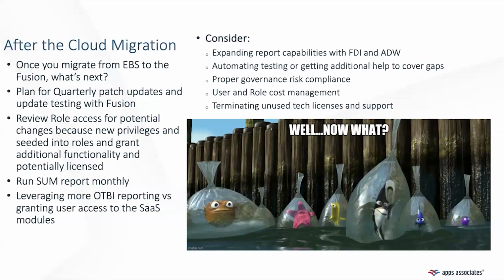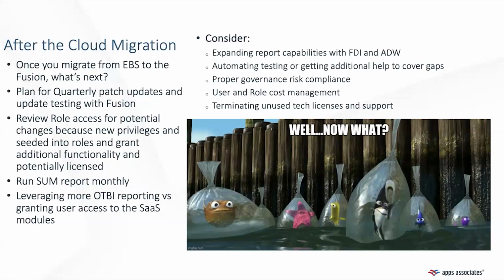And then, terminating unused tech licenses and support. A lot of customers, once they move from their legacy systems to Fusion, haven't canceled or terminated their legacy support bills and things like that on the technology side. The apps we can cover as part of the adoption of Fusion, but maybe the technology we didn't really think about.